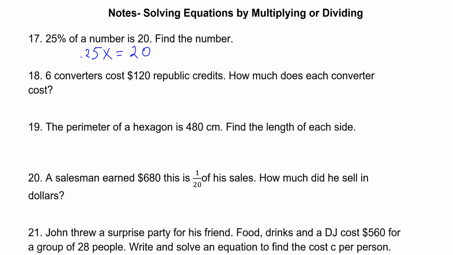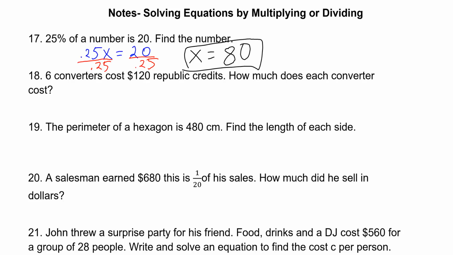Now, in order to get rid of the 0.25, we divide by 0.25. And if we put that into our calculators, it's going to spit out x equals 80. And there we have it. So, pretty simple stuff.